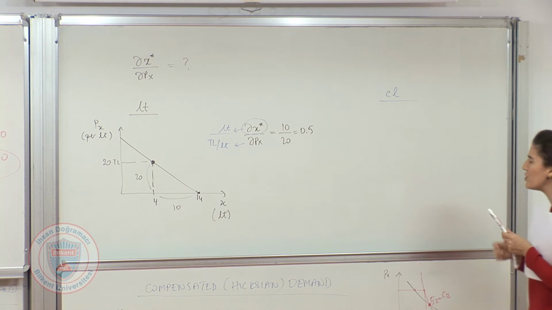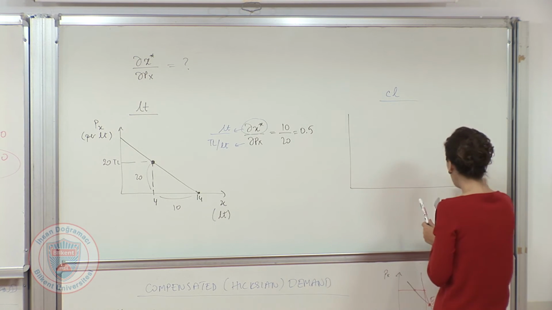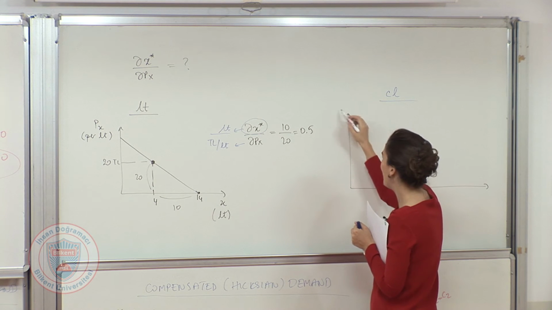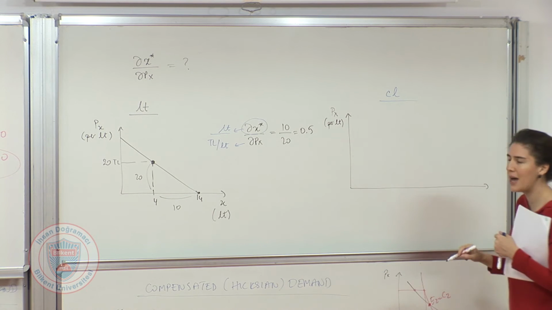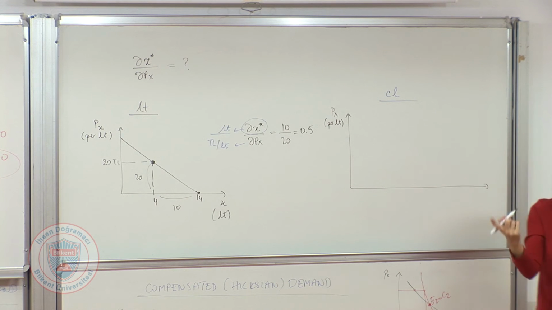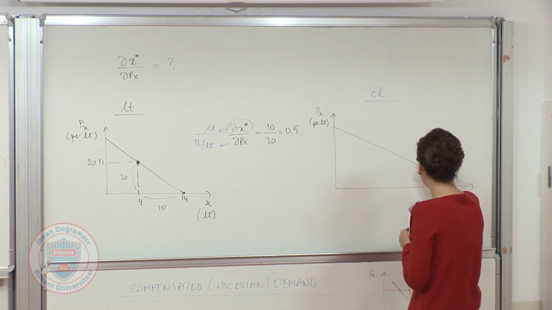Now I want to measure everything in centiliters, so I want to write down the same demand curve, again giving the price per liter. What's going to happen? One liter is how many centiliters? 100, right? So suppose I have something like this.